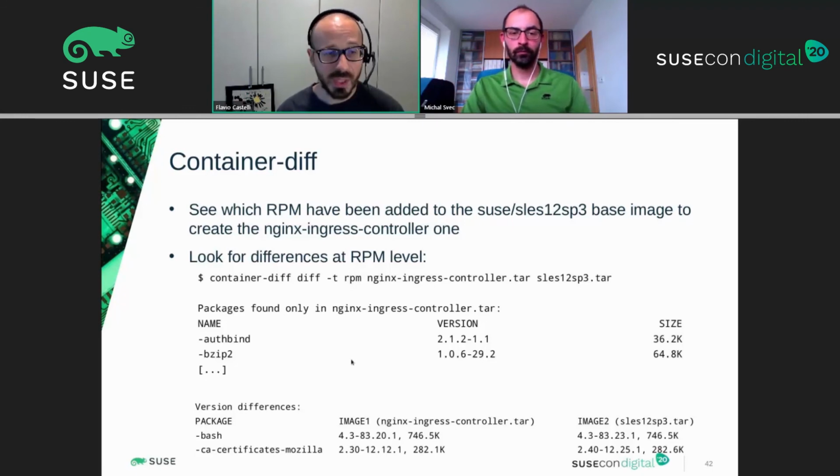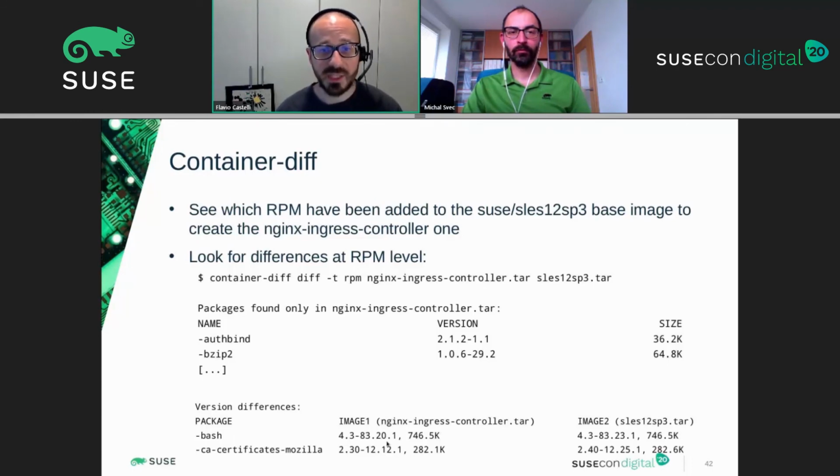But really interesting, we can see here version differences between the two images. And it's interesting to see how the base image, in this case, has a more recent bash version compared to the derived image. So why is that happening?